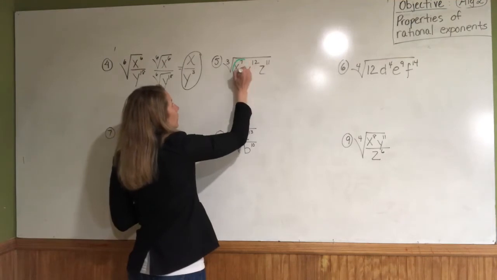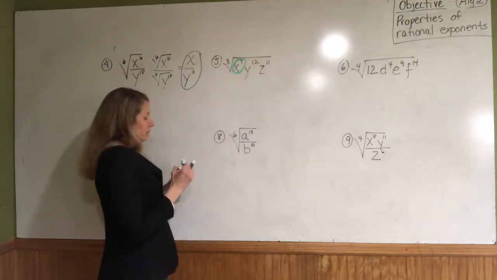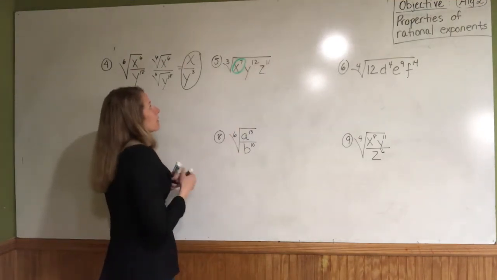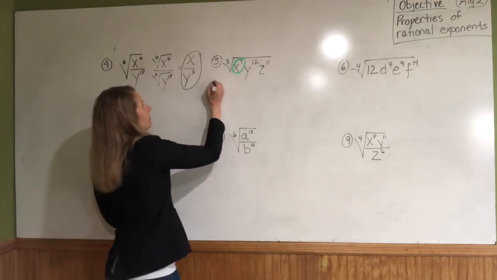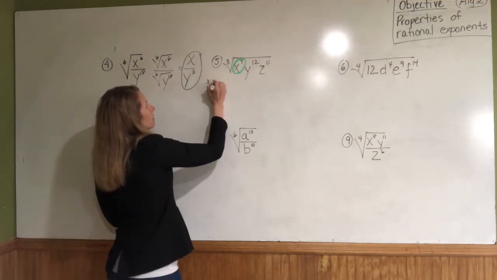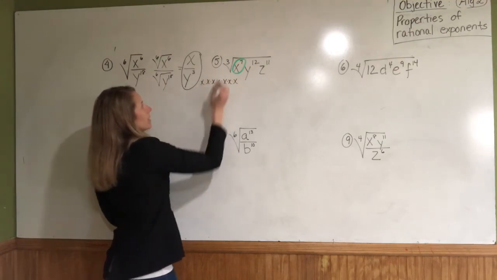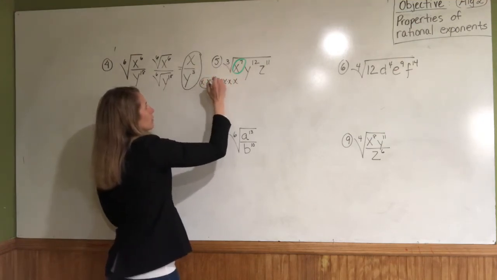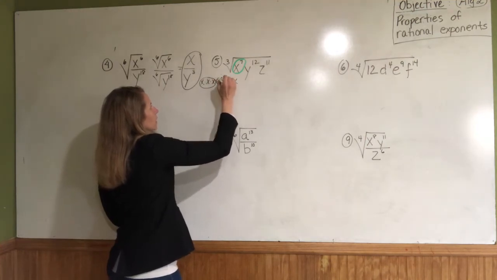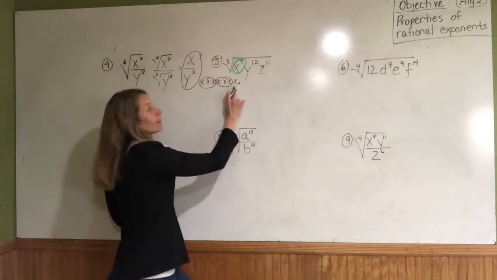So this first one, we have x to the 7th. Now what happens there is that if I have 7 x's, I need groups of 3. So here's one group of 3, here's another group of 3, but I still have this one left.